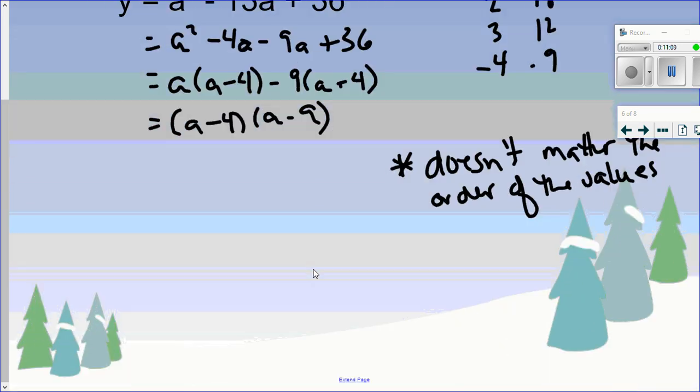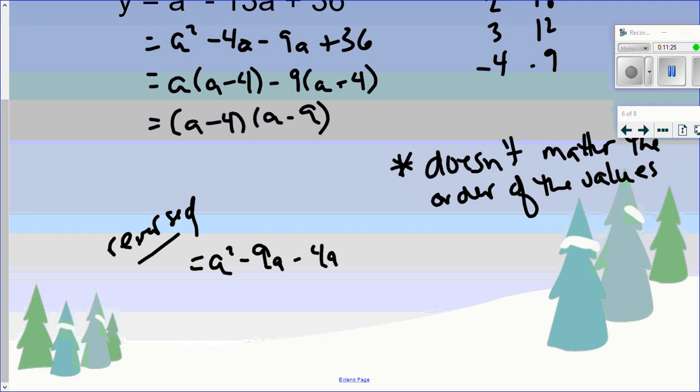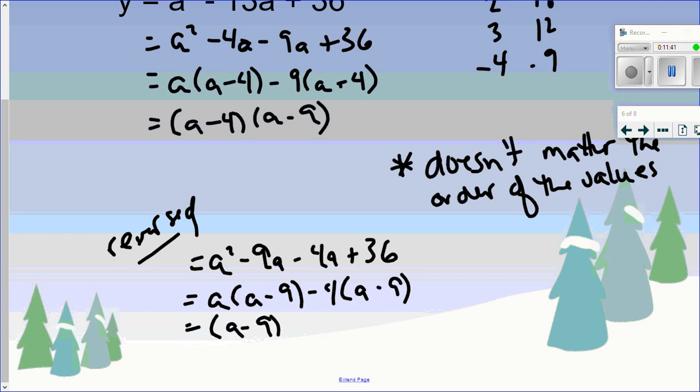So here I decided to go with 4 and 9. If I decided to go the other way, what ends up happening is we get the same answer, but it's reversed from what we did above.